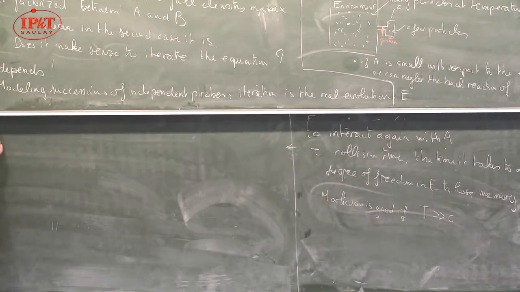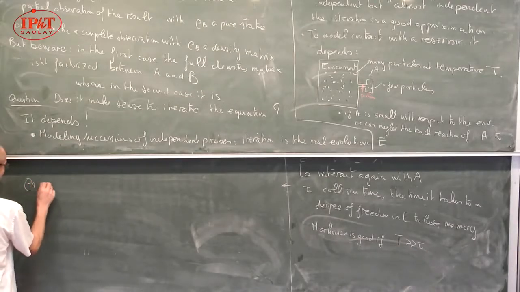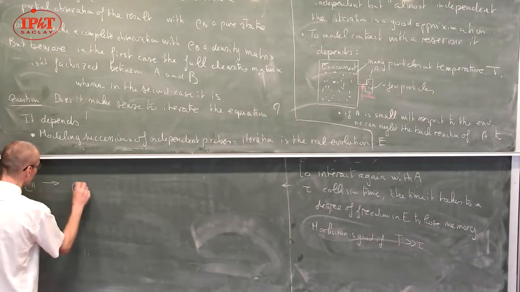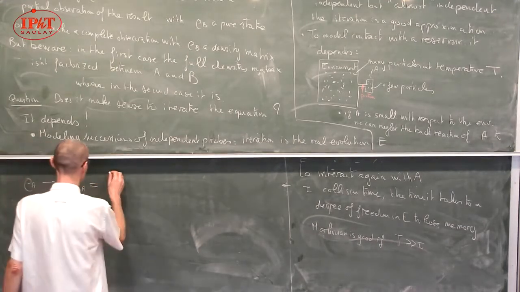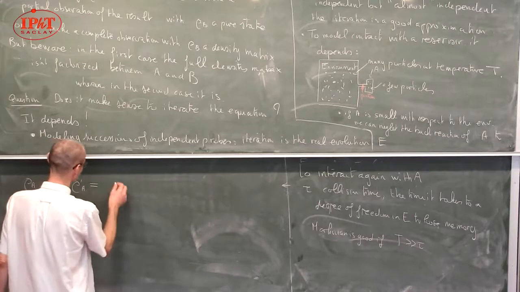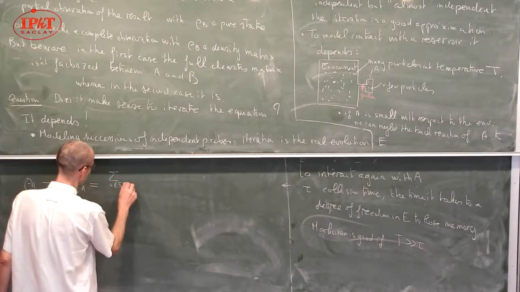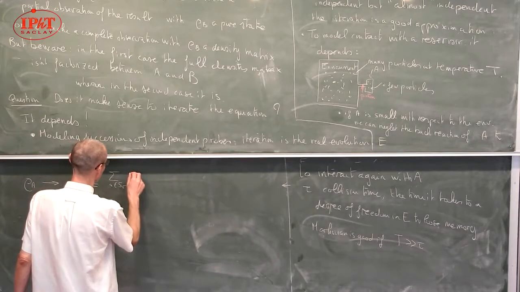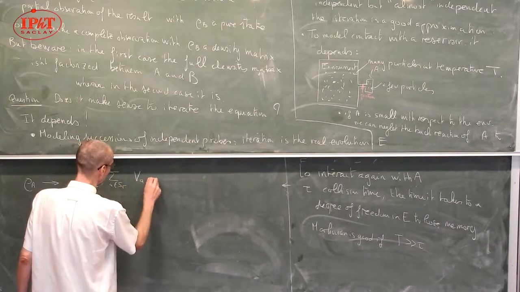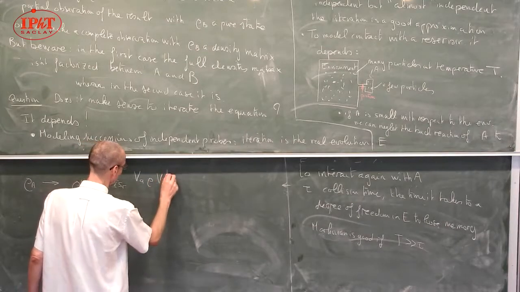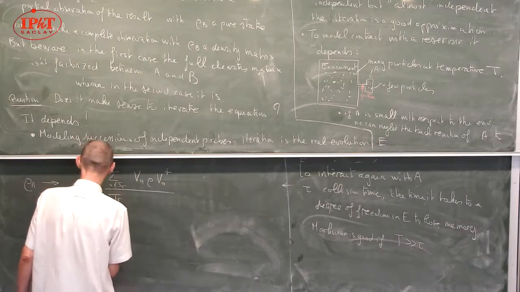So you have rho A goes to rho prime A equals the sum over A belonging to SR of V_A rho V_A dagger divided by trace.